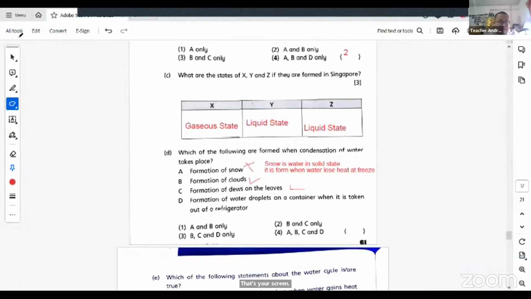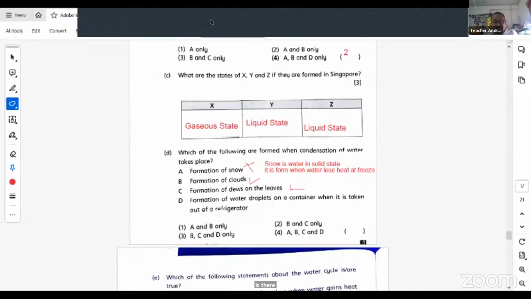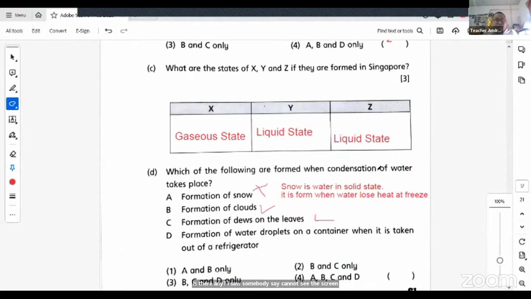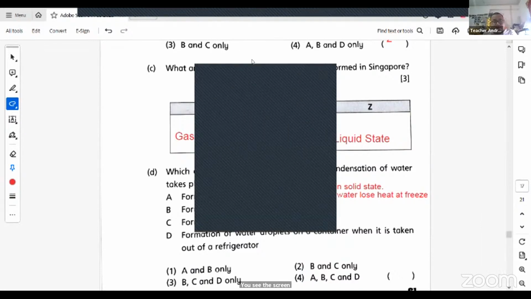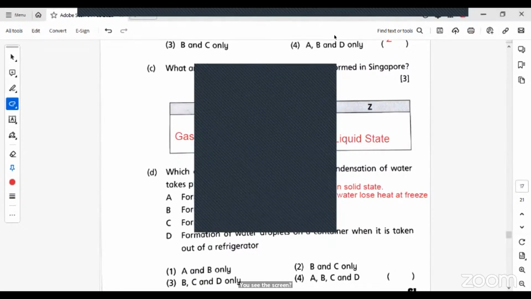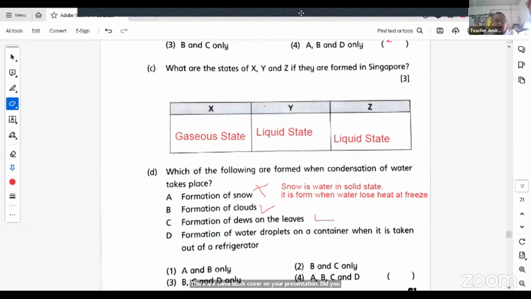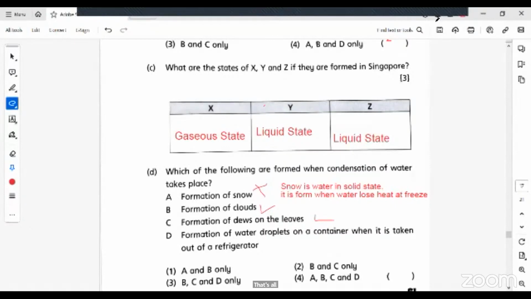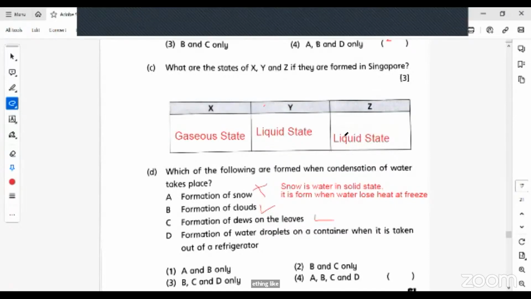Is there any? I saw somebody say cannot see the screen. Can you see the screen? There are some black cover on your presentation, teacher. Black hole. There's something like black square and stuff hiding words.